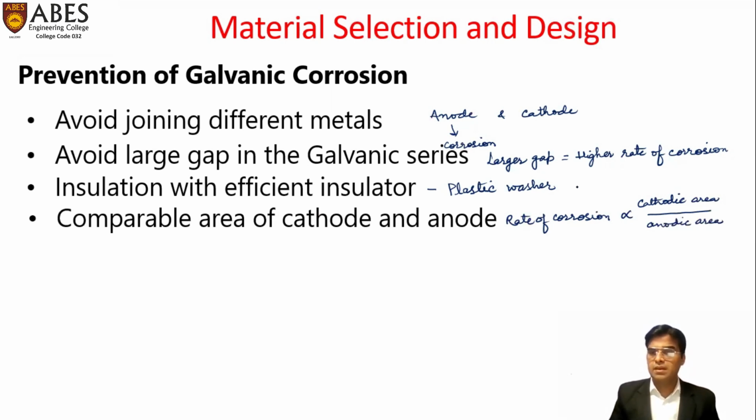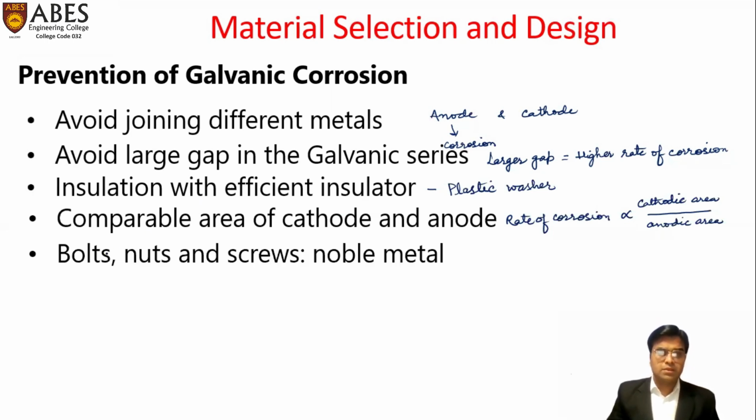It means the larger the area of cathode and the smaller the area of anode, the higher will be the rate of corrosion. So to avoid corrosion, the anode and cathode should have almost similar area.